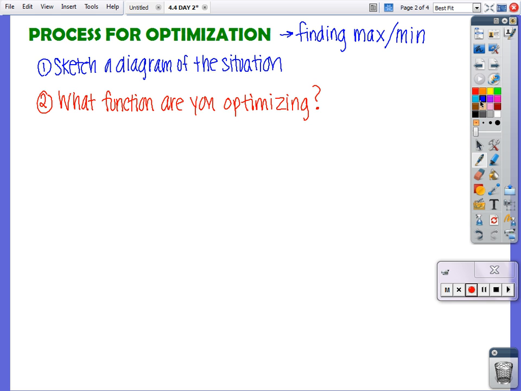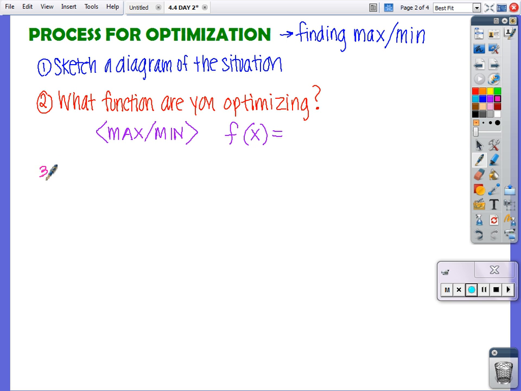This is where you'd make that decision of, are you finding a max or a min? And then right next to it, you would write the name of the function and the equation of that function that you're going to be optimizing.